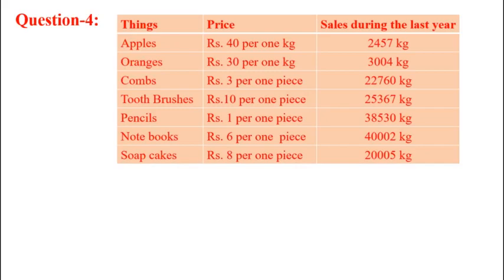And for pencils, the quantity sold is 38,530 kg. Notebooks 40,002 kg. And soap cakes 20,005 kg. So by using this data, we have to answer some questions.